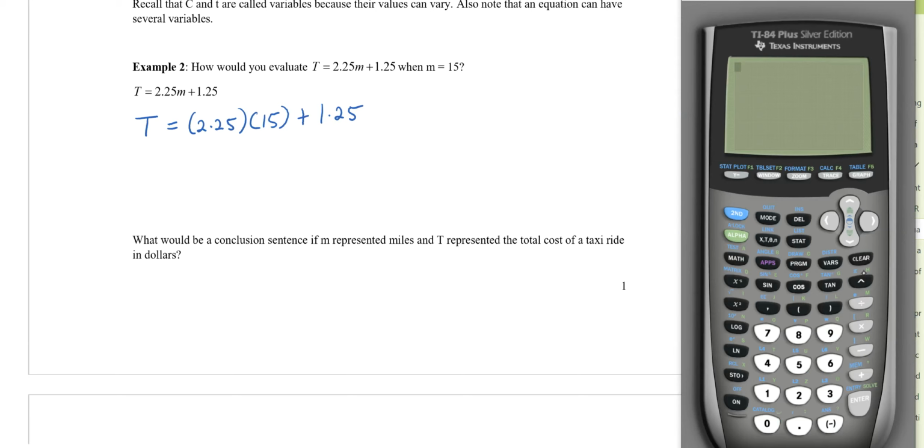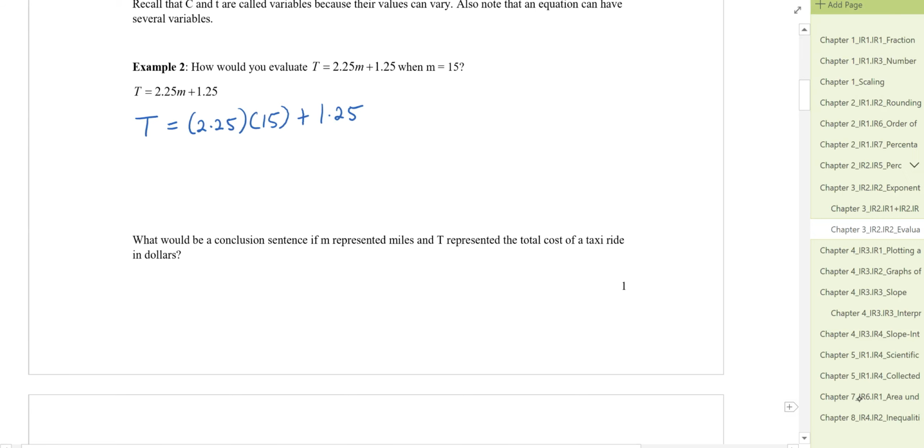So here I would have 2.25 times 15, and I'm going to add 1.25. Plug it in, and I get an answer of 35. So the answer is 35. So that temperature is 35.